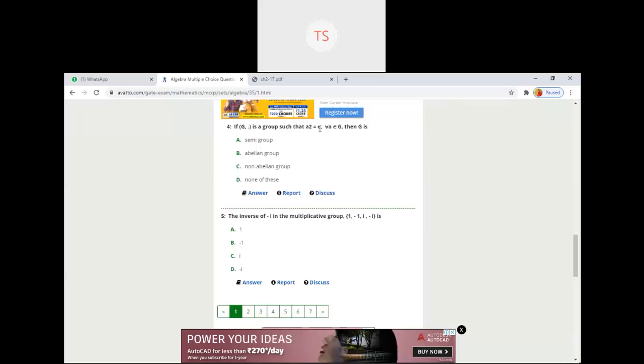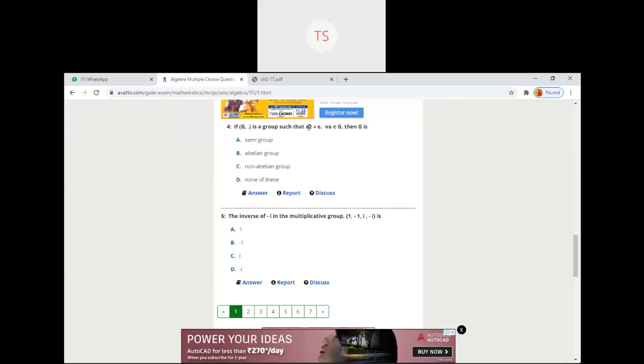See, the closure property means if you multiply or add any two elements from that particular set G, you will get the product in the same set G. Now, if a² = e, where e is the identity element, this e is always in G.